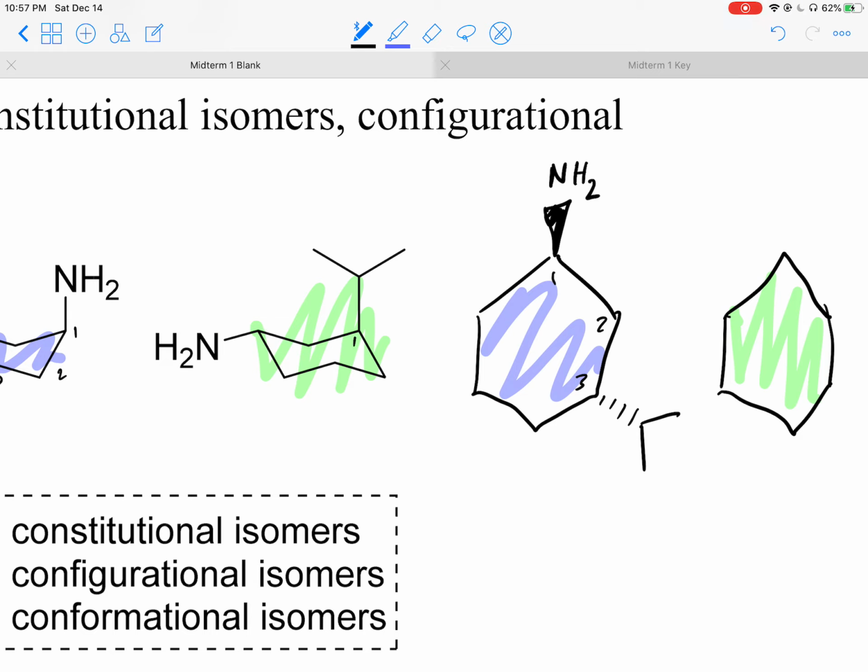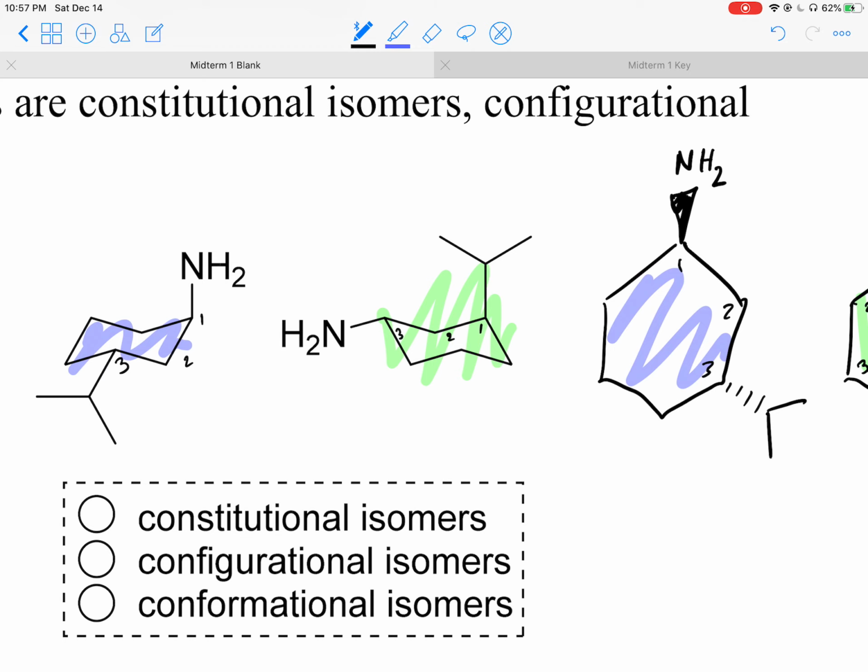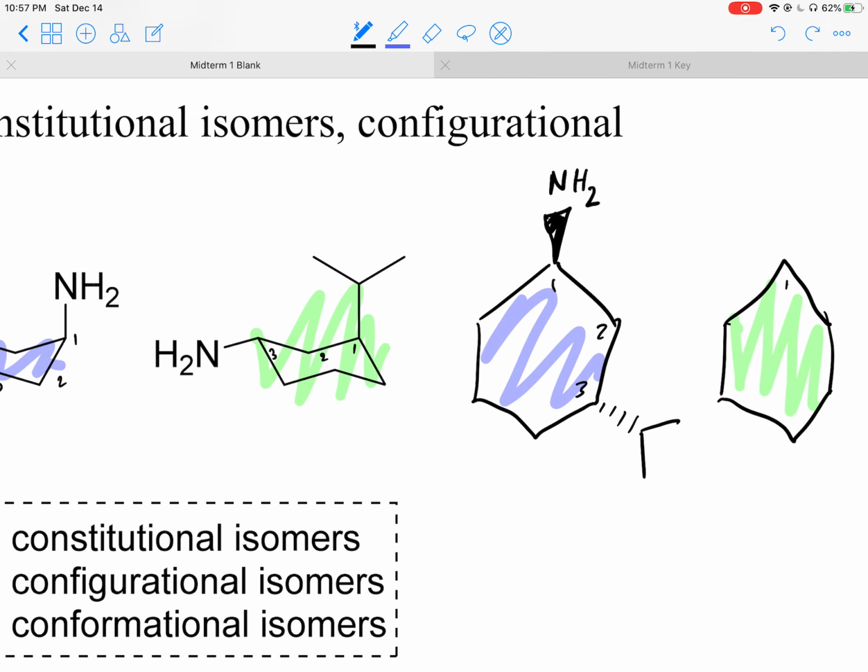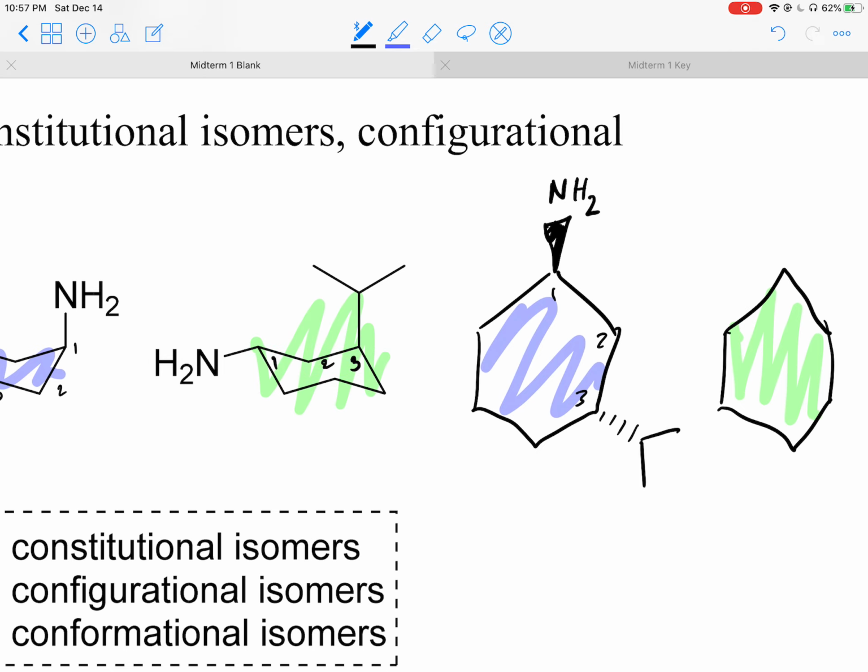Let's call 1, 2, 3, so we're not getting our numbering switched. Wait, no, we want 1 to be on the NH2, and we want to go towards 3 for the isopropyl. So NH2 is going into the page, and the isopropyl is coming out of it.